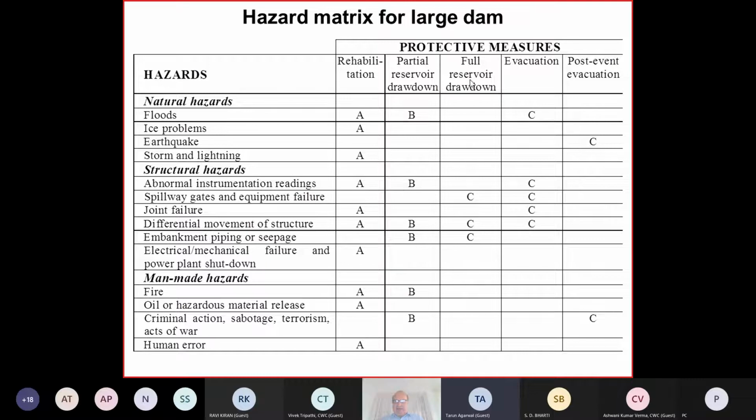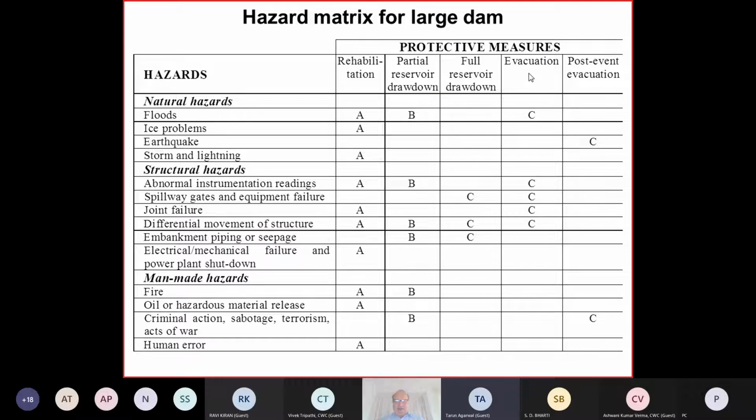We can have a full reservoir drawdown, we can have an evacuation. For typhoons, hurricanes and so on, we basically have some warning times of 3-4 days, so we can do some evacuation.